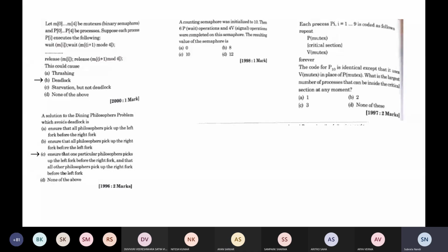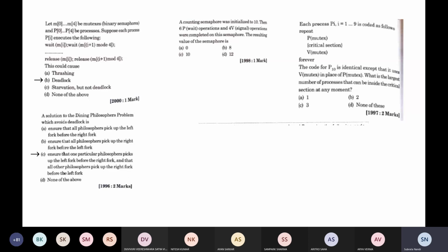Say the 9 processes were running and the 10th process was sitting idle, not doing anything, or maybe it has not been scheduled. So before that, all 9 processes got scheduled, and each of the 9 processes will get stuck at P mutex and keep waiting.